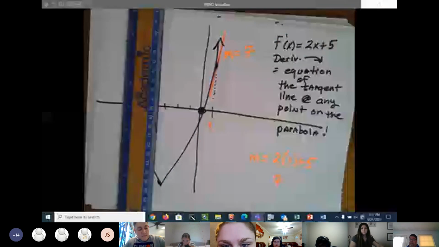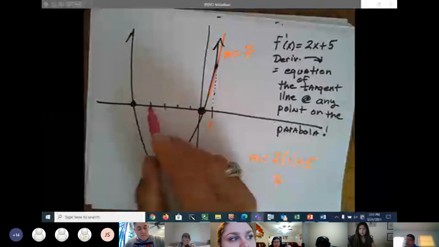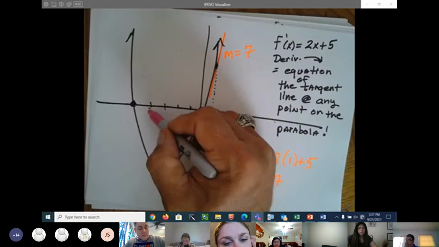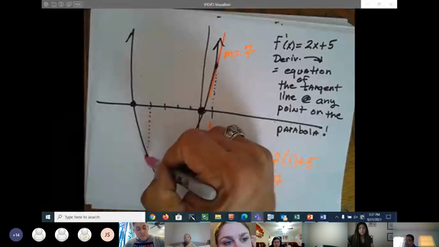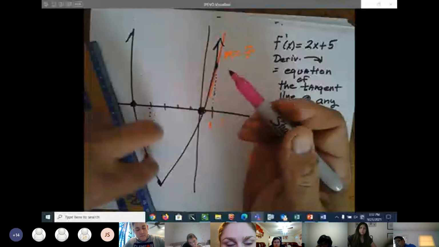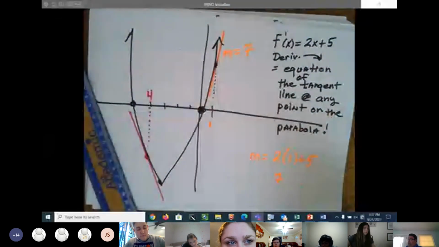What about the other side? Well, hold on. Let's say this is, what is this? Negative 1, 2, 3, 4. X is equal to negative 4.